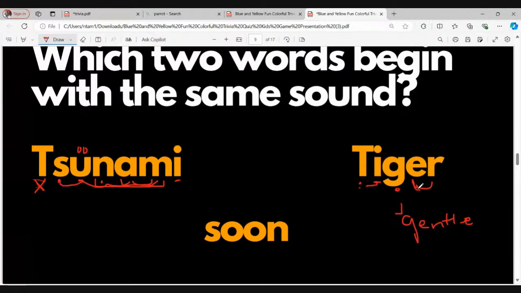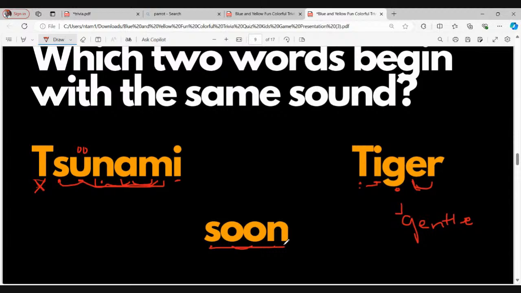Remember when reading British English and American English, you have to pay close attention to the difference in the sounds of the word. Our next word, spoon. So the two O's here make the long U sound. So we hear spoon, soon, soon.